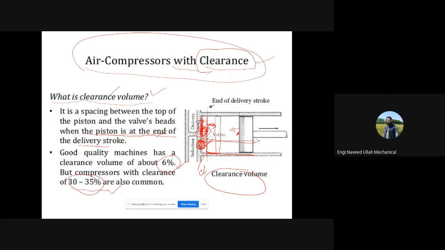So it can produce wear and tear, it can produce vibration, etc. Right, and ultimately it can even wear the wall and the head. Okay, तो इसलिए to avoid this contact of the piston and this cylinder head, we need to have this clearance volume.